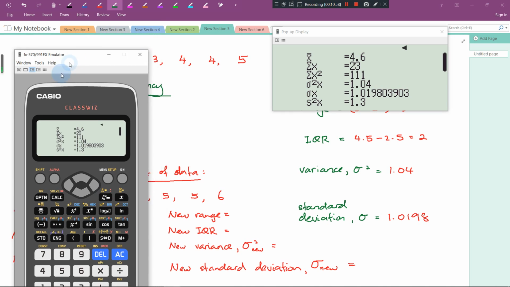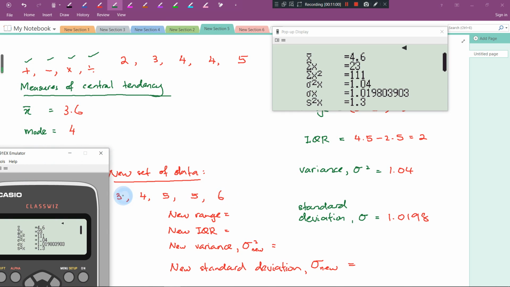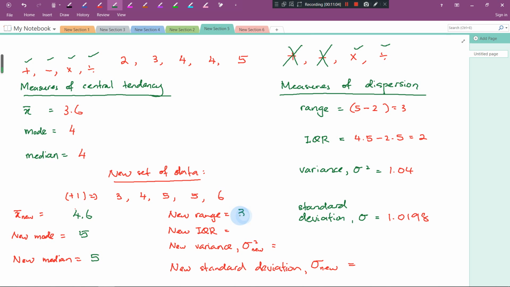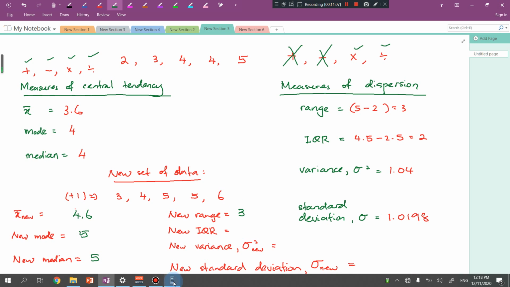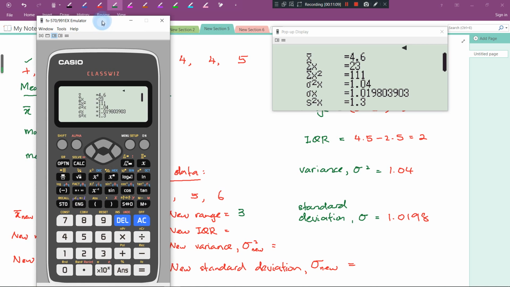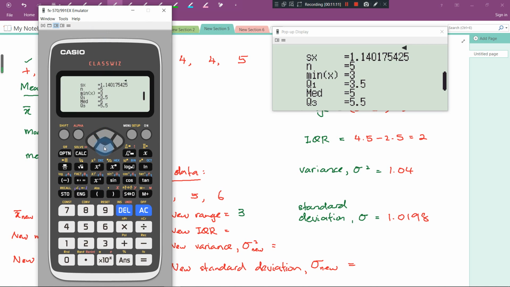The new range should be no problem. For range, you just take 6 minus 3, you will get 3, right? So the new range is 3. When we come to the interquartile range, we just take 5.5 minus 3.5. You will get 2, right?